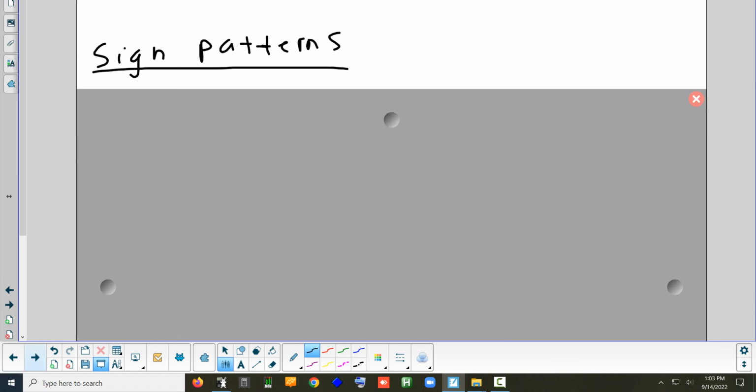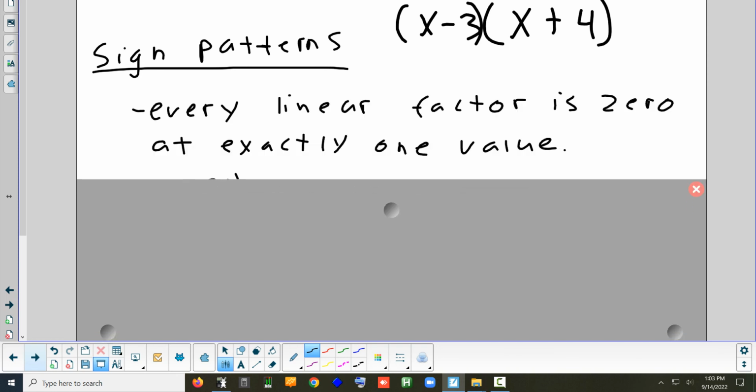So first of all, what's a factor? Factoring is when you end up with something like this. That's an example of two linear factors. And anytime you factor something and you look at the factors, there is a number you can plug in to each factor to make it 0.